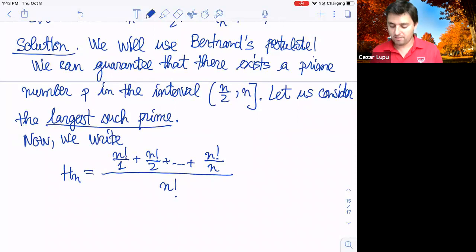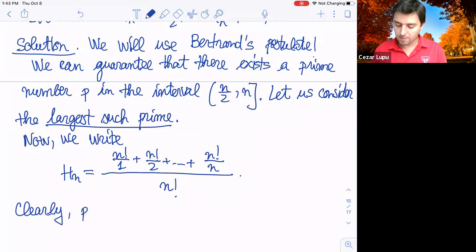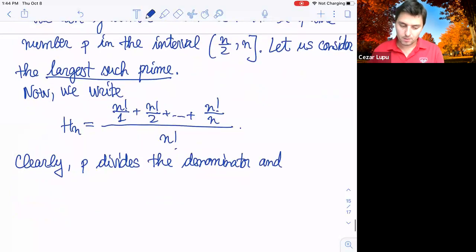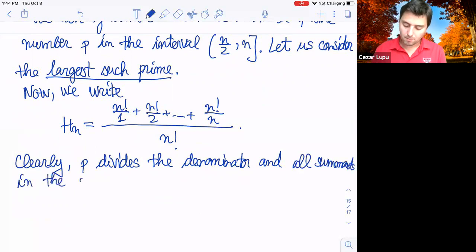And now clearly, P, this largest prime number in that interval, divides the denominator and all summands in the numerator, except one.